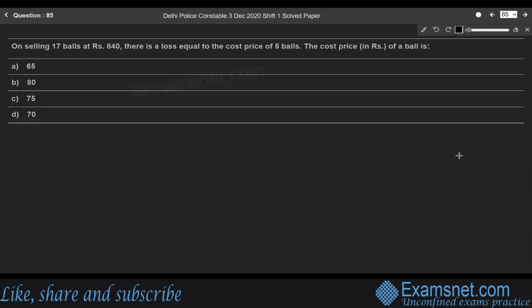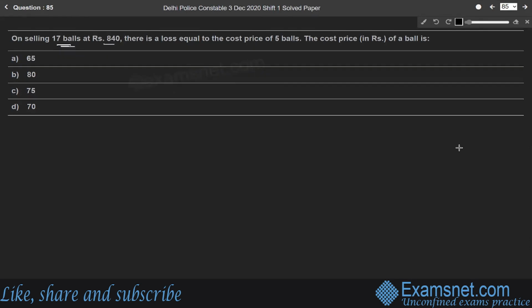Question 85. On selling 17 balls at 840 rupees, there is a loss equal to the cost price of 5 balls. The cost price of a ball is? Here it is given that the selling price of 17 balls is equal to 840 rupees, right? So there is a loss equal to the cost price of 5 balls, right?